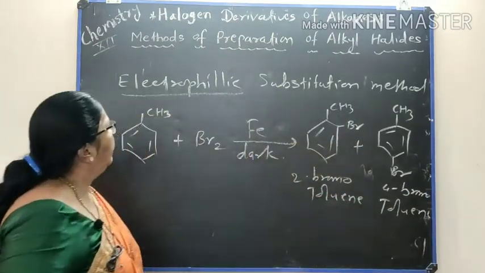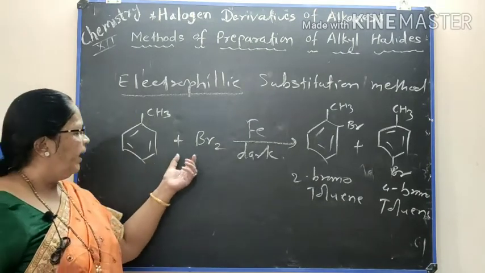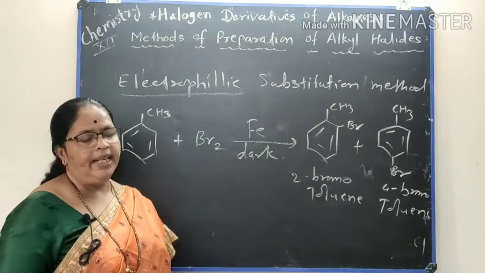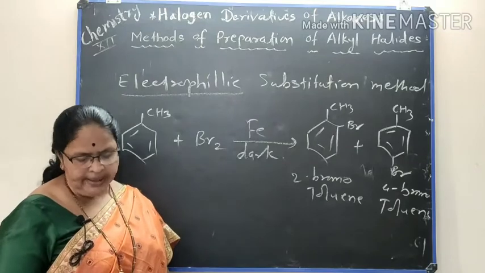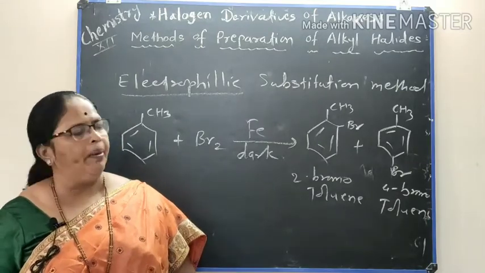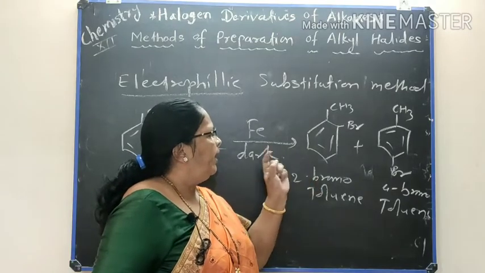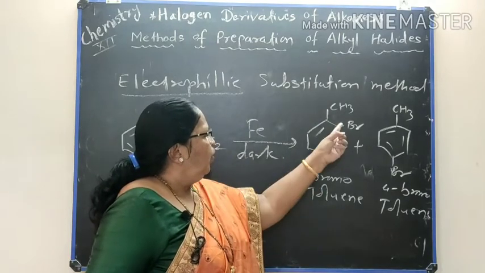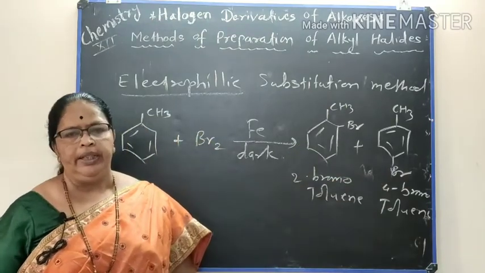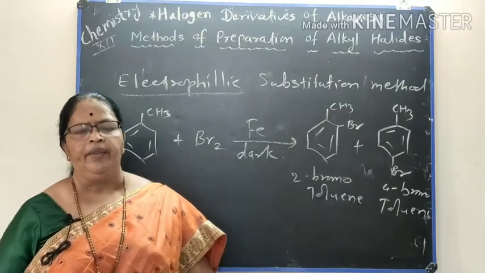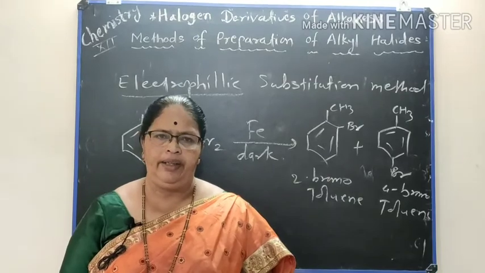Again, in the electrophilic substitution method, toluene is treated with bromine in the presence of a Lewis acid such as Fe, FeCl3, or anhydrous aluminium trichloride. Mostly two products are obtained, 2-bromotoluene and 4-bromotoluene. In this way, we have seen the different methods for the preparation of alkyl halides. Thank you.